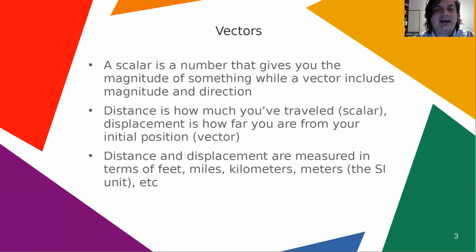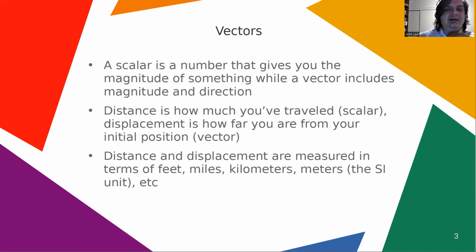But displacement is how far you are from your initial position. So that is a vector, and instead of just giving us a number, it says that I ended up, say, 2 feet to the left of my initial position, even though I traveled 100 miles in a day.